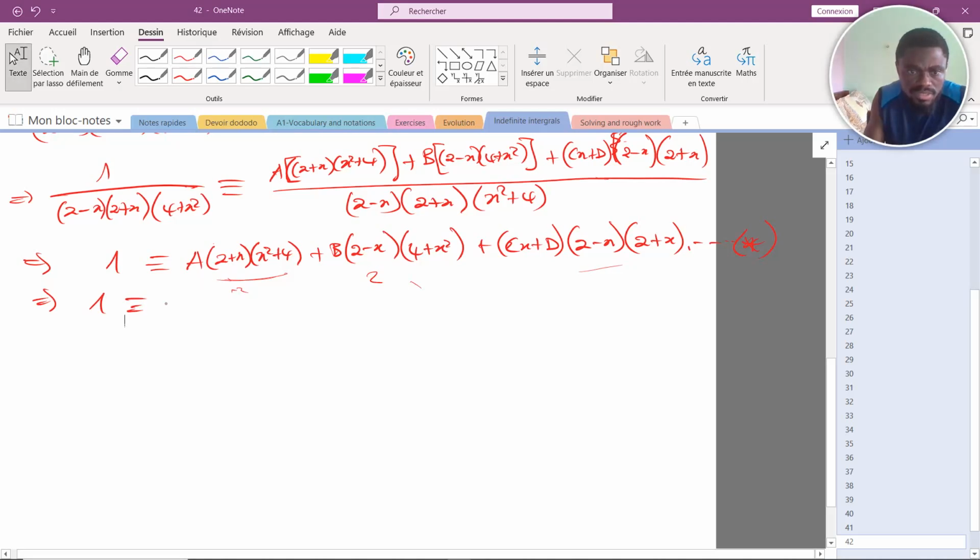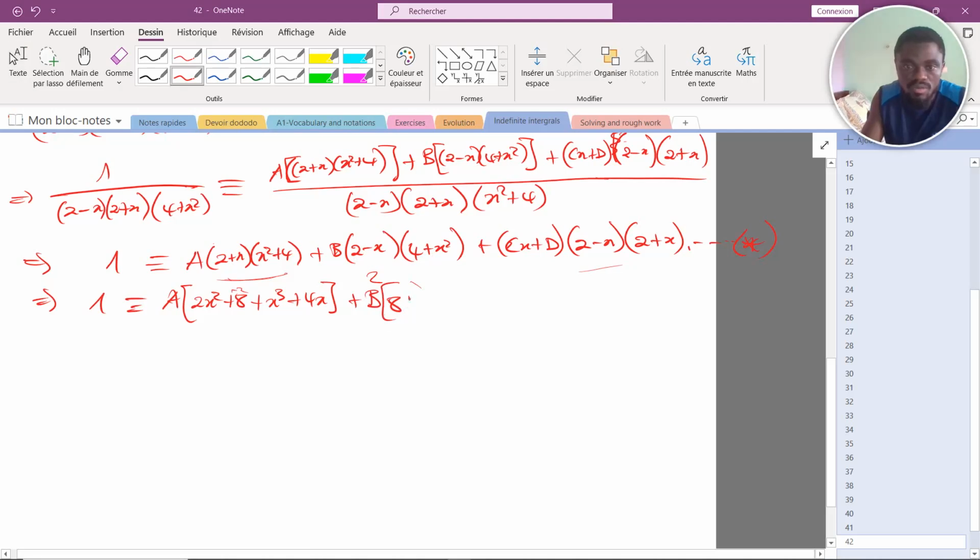If I develop this, I will have a into this times this, it gives 2x squared. This times this plus 8. This times this plus x cubed. And this times this, you have plus 4x. Very good. Plus b into what? This times this, I will have 8.